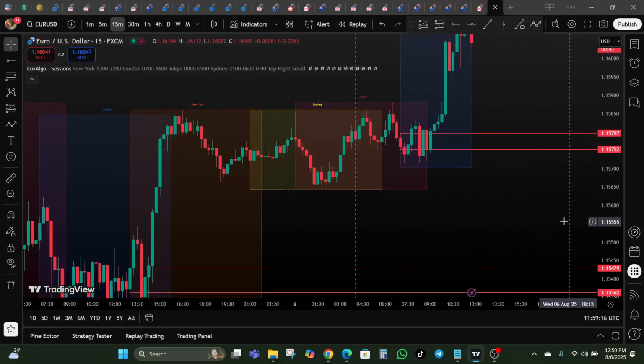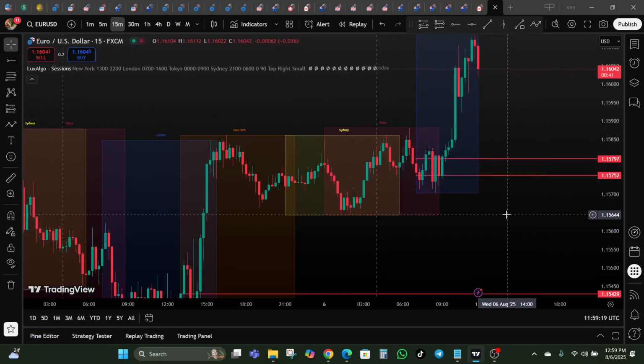And do not make the mistake of trading every ORB setup as if all of them are equal, because they are not. Most losses come not from the strategy itself, but from how it is used. So to make this strategy work, you need a rules-based approach. And here's how to trade the ORB the right way.